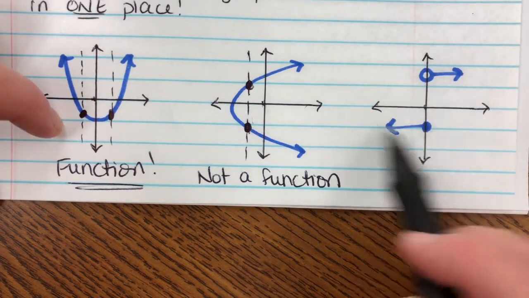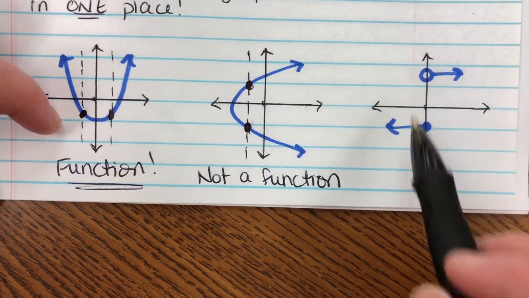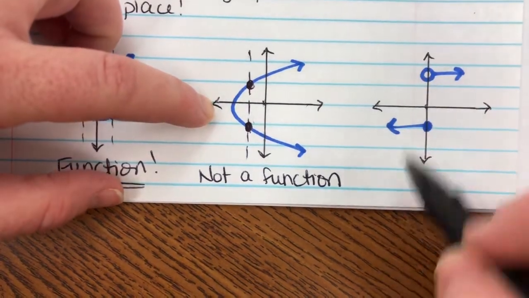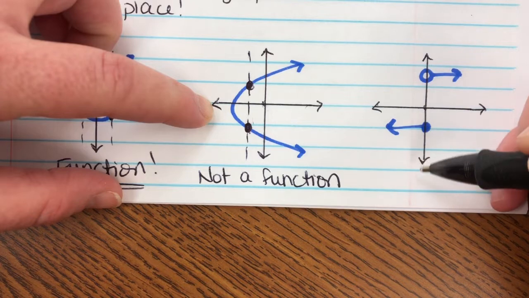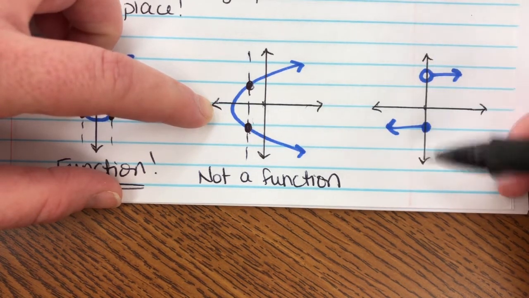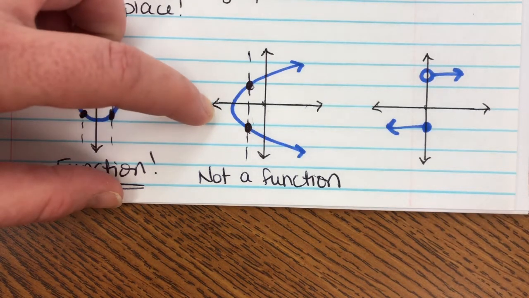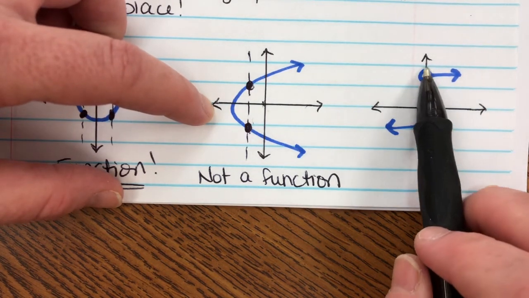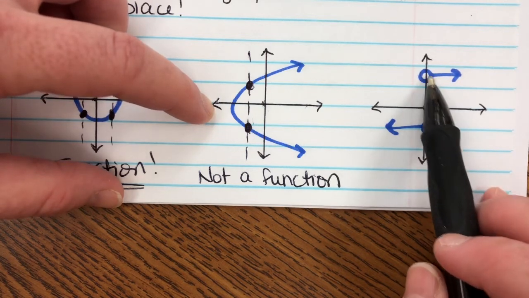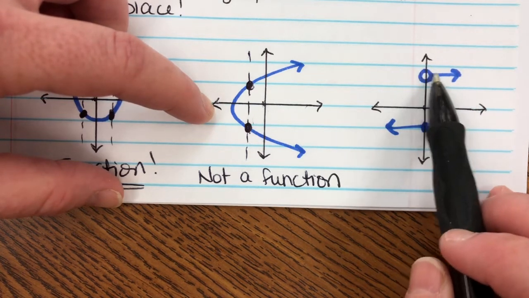This last graph is kind of a special case. It's a step graph. We don't really graph all those that often, but here it looks like if we were to draw a vertical line through these two dots, it would cross two places on my graph, right? Except that when this is an open circle, that point is not included in the answers to the graph of this line.